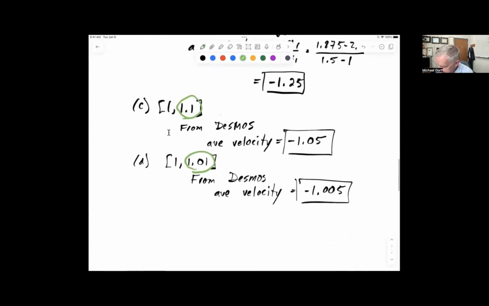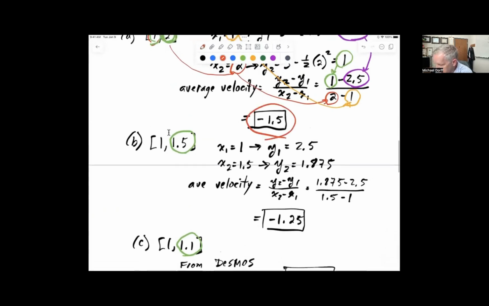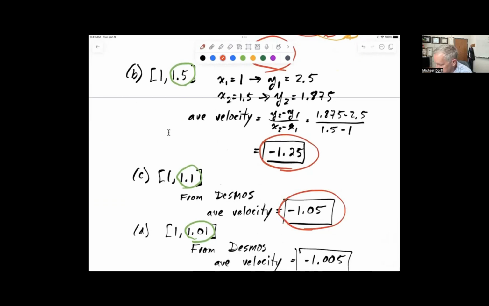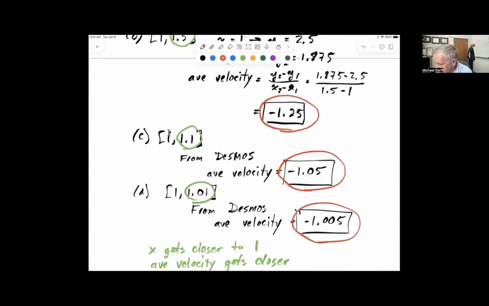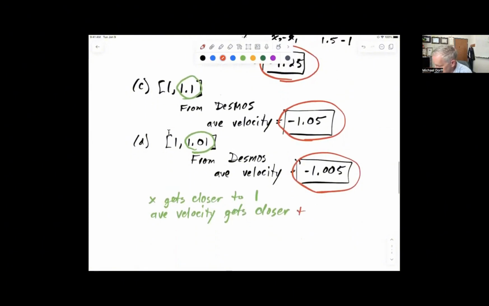So x is getting closer to 1. And the average velocity, what's happening there? Let's look at those values in red: negative 1.5, negative 1.25, negative 1.05, negative 1.005. It looks like that's getting closer to negative 1.